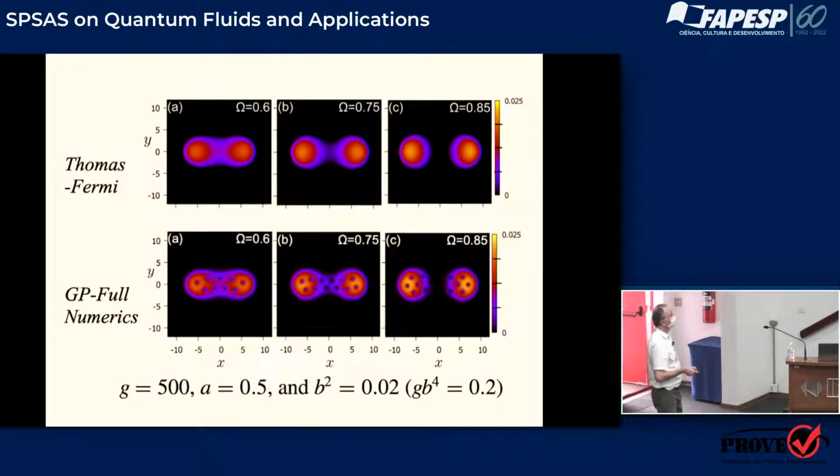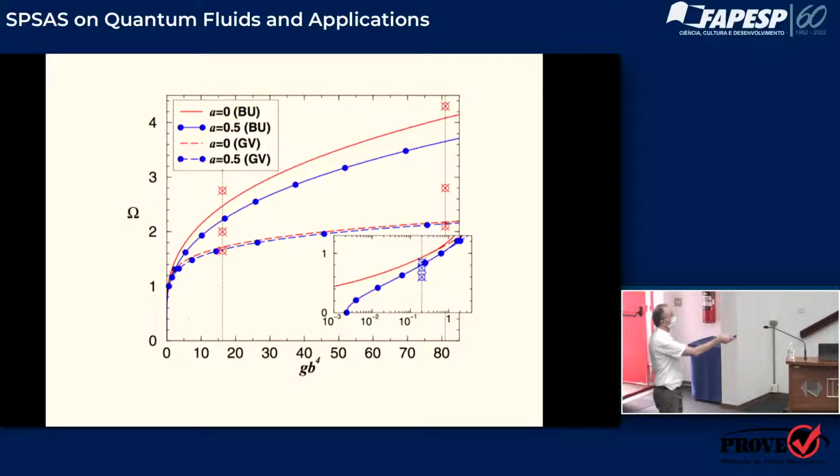This is GB to the power of 4 equal 0.2, and this is Thomas Fermi, the density predicted by Thomas Fermi. Before I just showed you contours, now I show you also the density. And here is the GP full numerics, and exactly as predicted, you have a breakup here. I showed this case for GB equal 0.02.